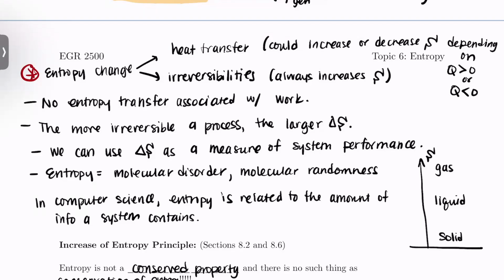So another way of stating this would be a highly ordered system can be described using fewer bits of information compared to a disordered one.